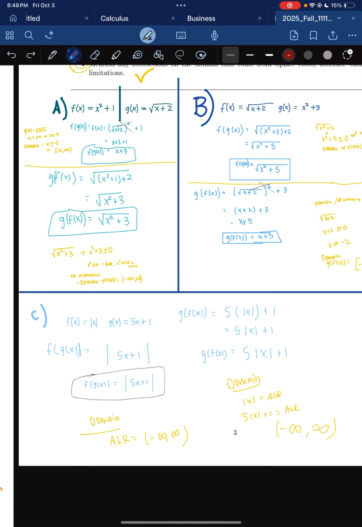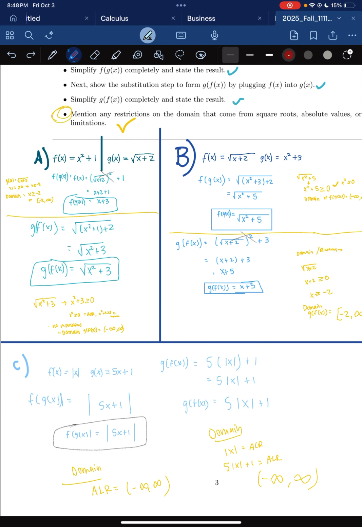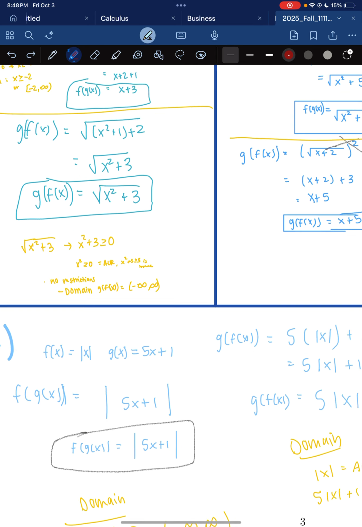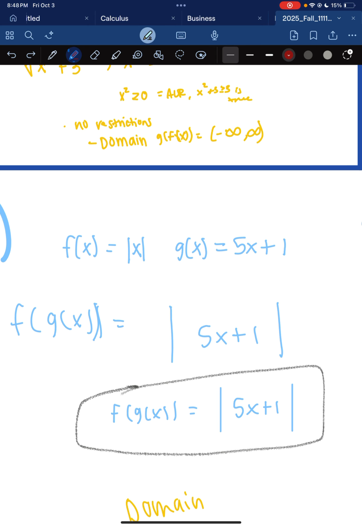Okay, last one. Finally, we're dealing with absolute value, which can be tricky. We're looking for f of g of x here. So, we start with absolute value of x, and we want to plug in g of x for x. And this is x, okay?